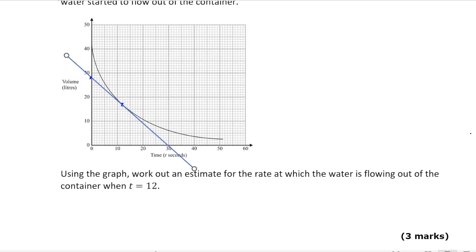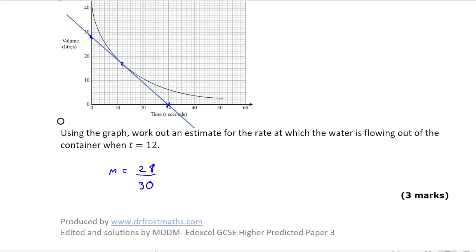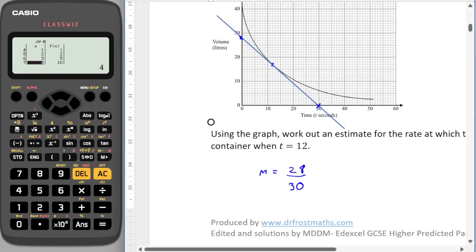So if I look at taking a large triangle to work out my gradient, so my gradient for that line is going to be equal to, it looks like 28. That's my change in y, divided by my change in x, which is looking at 30. And we'll use our calculator to get us a decimal value for that.